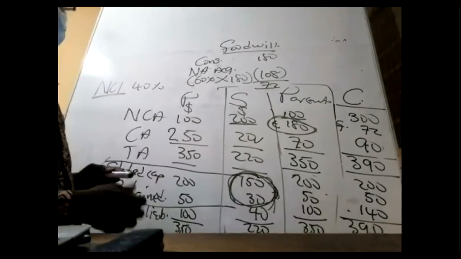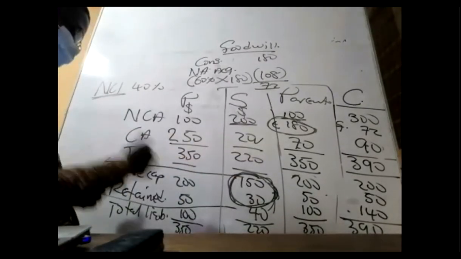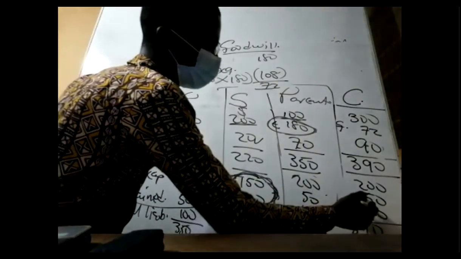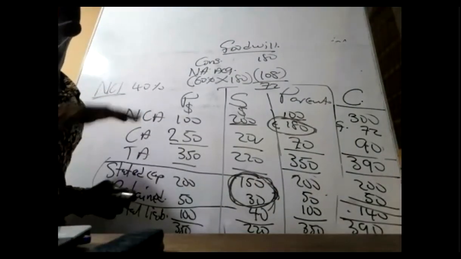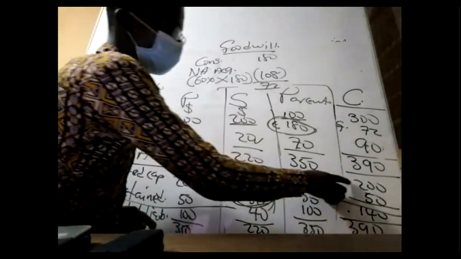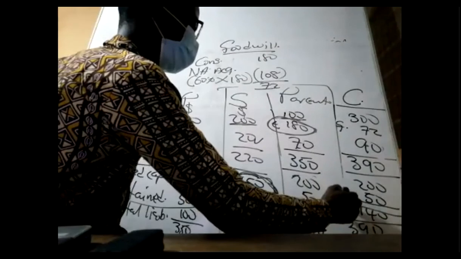You still get 72. Right after the equity section, in between your equity and liability, create a line and call it what? NCI.